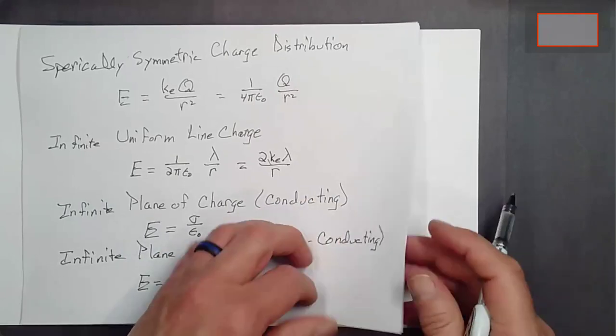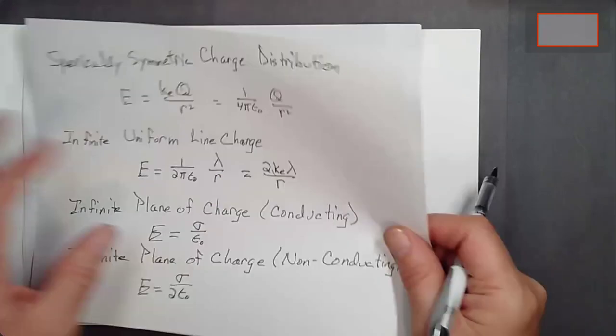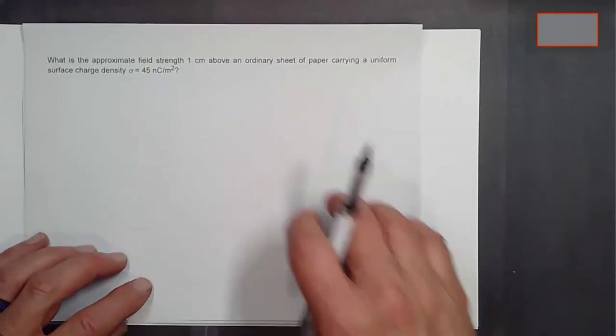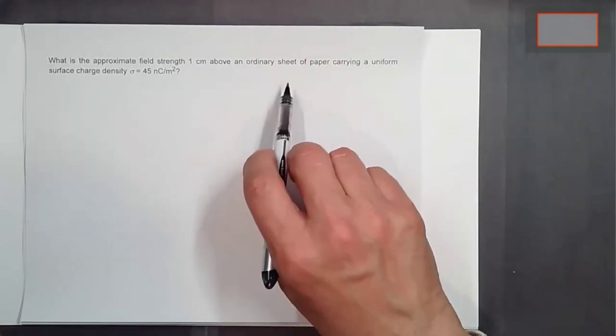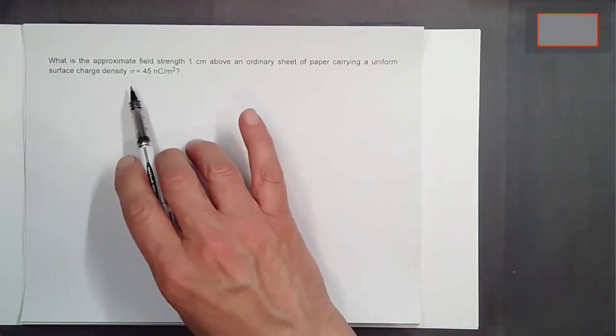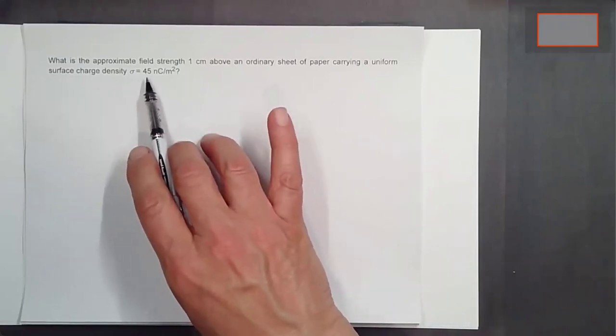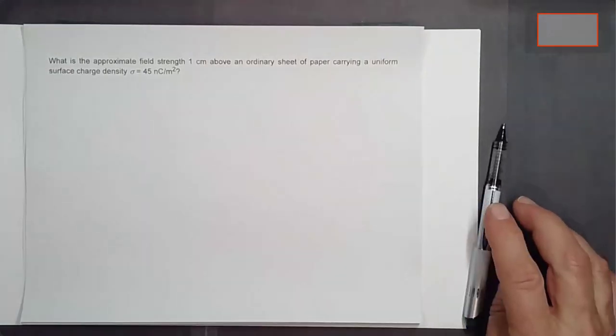So let's try some problems out. Very first problem: what is the approximate field strength 1 centimeter above an ordinary sheet of paper carrying a uniform surface charge density of sigma equals 45 nanocoulombs per centimeter squared?